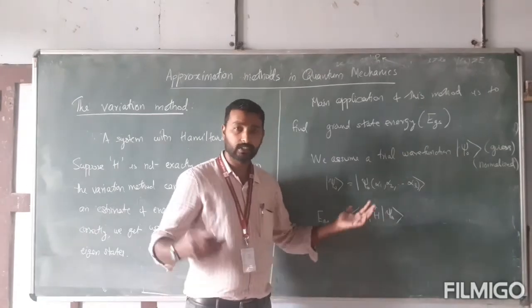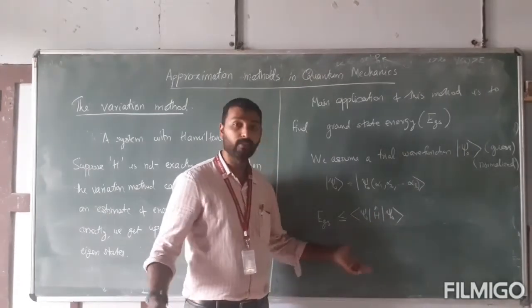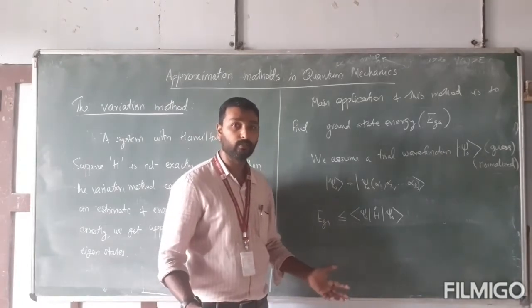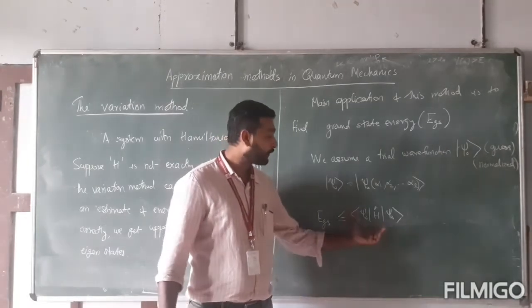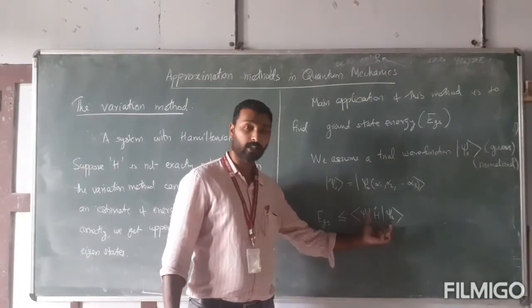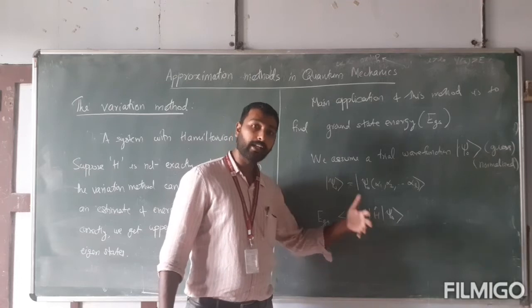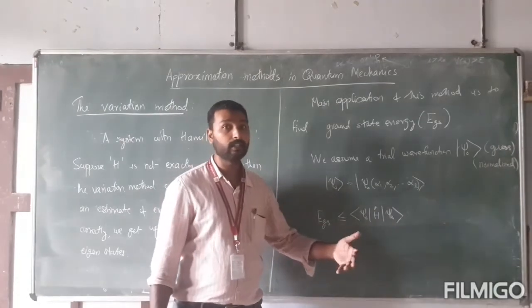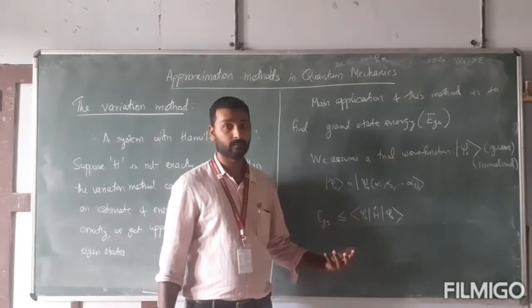So psi 0 is just some trial wave function, it is not the ground state wave function. So obviously if you find the expectation value of the Hamiltonian in this trial wave function, we will get an energy that is either equal to the ground state energy or greater than it.